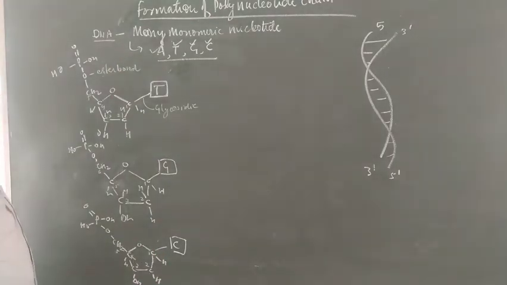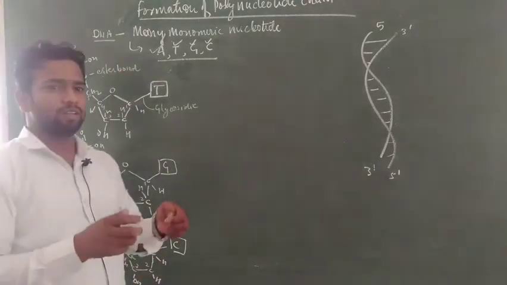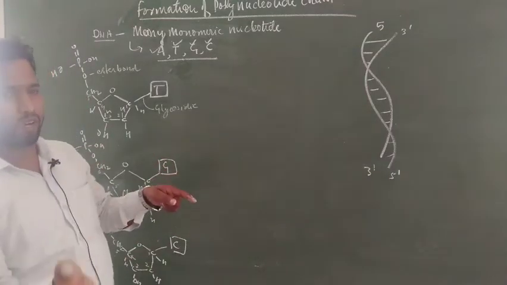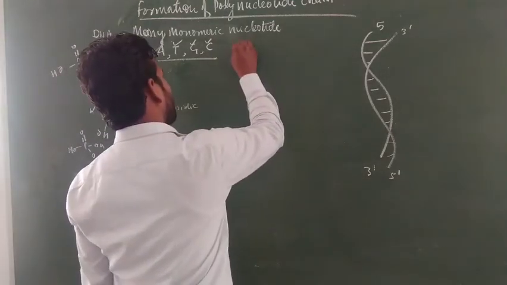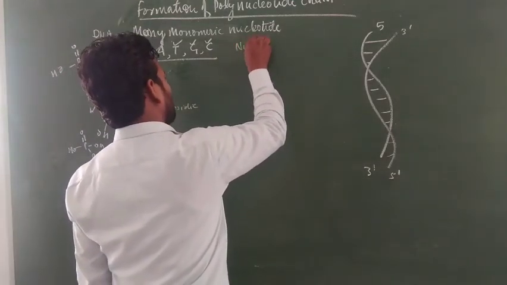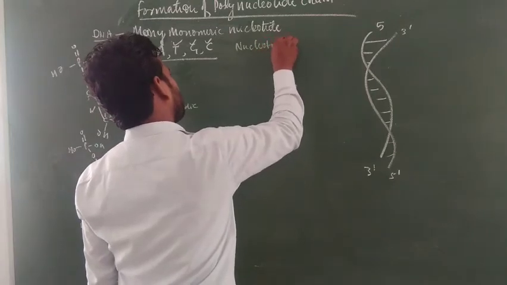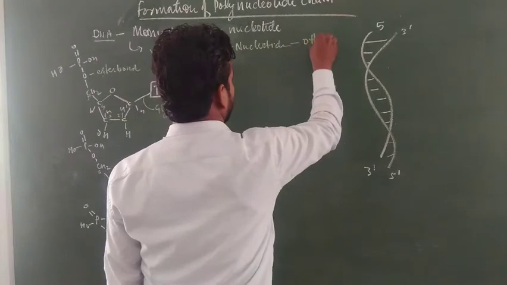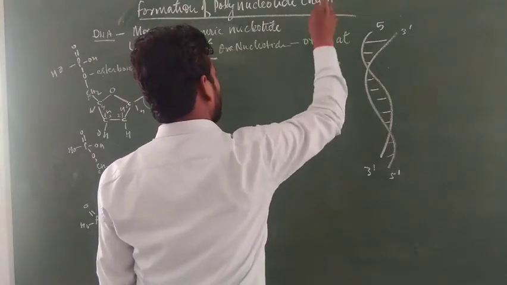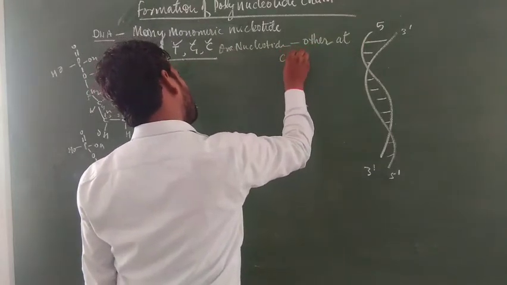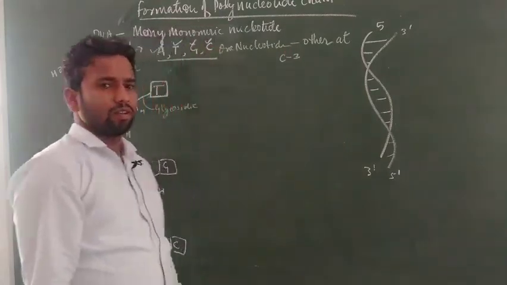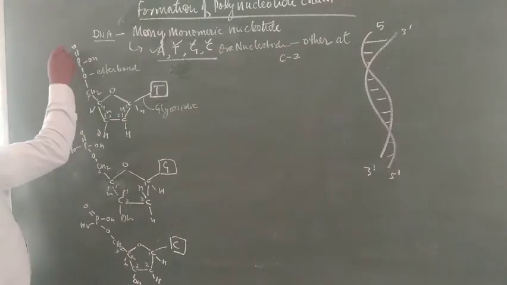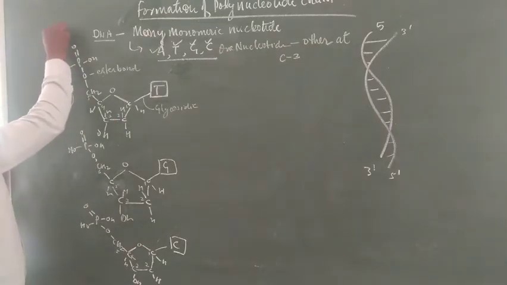Especially at the time of polynucleotide formation, each nucleotide comes in contact with another, and one nucleotide joins with the other at carbon position 3. This is carbon position 3, and this is a nucleotide having a 5' end phosphate.